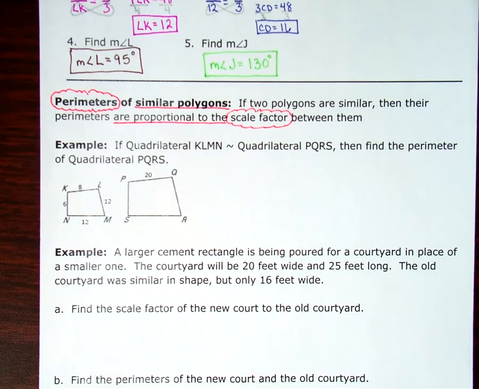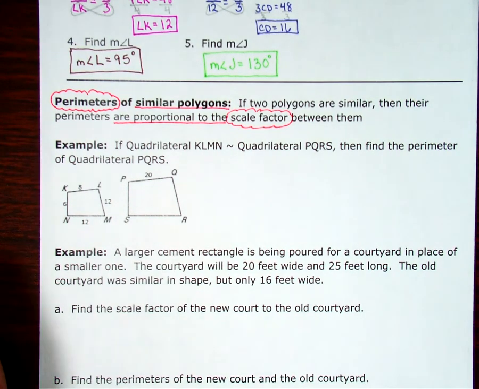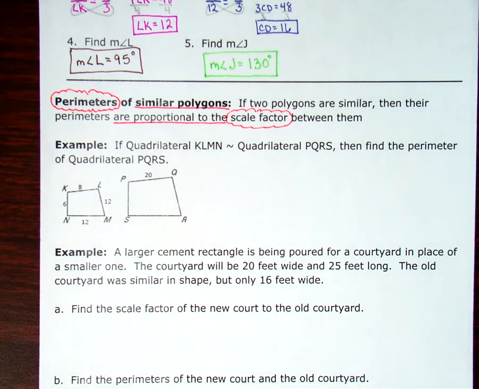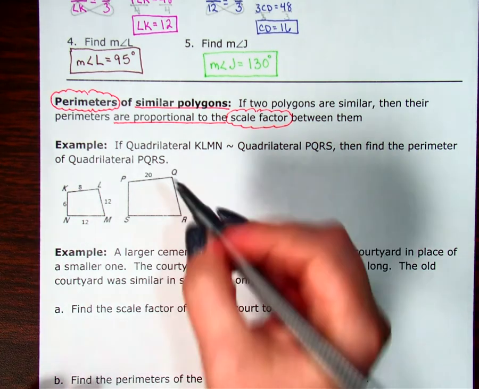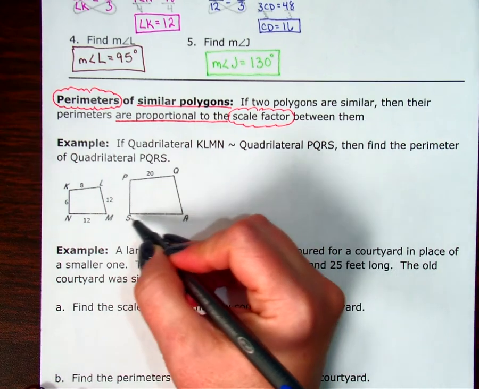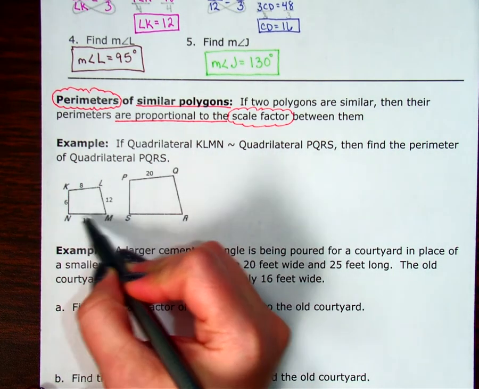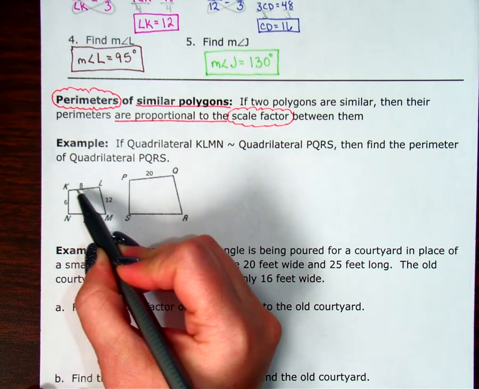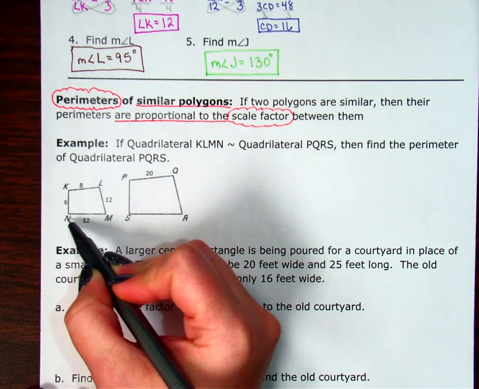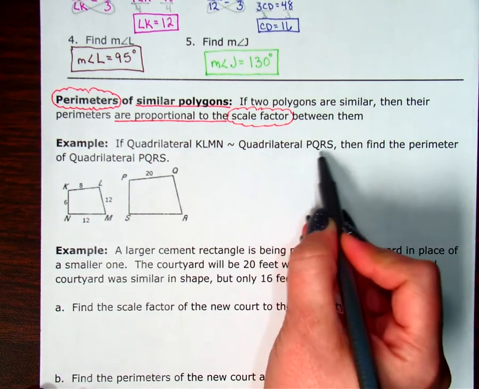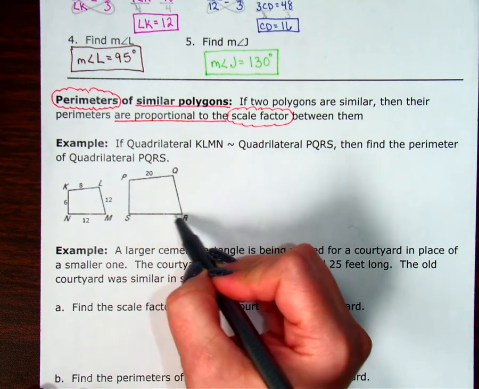So I have quadrilateral KLMN is similar to quadrilateral PQRS, and I want to find the perimeter of quadrilateral PQRS. Okay? So when I look at this, I could set up proportions and find my missing sides. Now if I look at KLMN, it starts in the upper left corner and goes around clockwise, and then PQRS, PQRS.